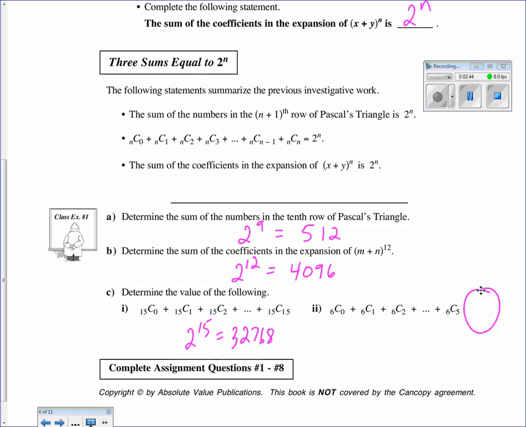So you could go 2^6 minus 1, or 2^6 minus 6 choose 6, which is also equal to 1, by the way. But 2^6 minus 1 is 63 if we were summing those coefficients.